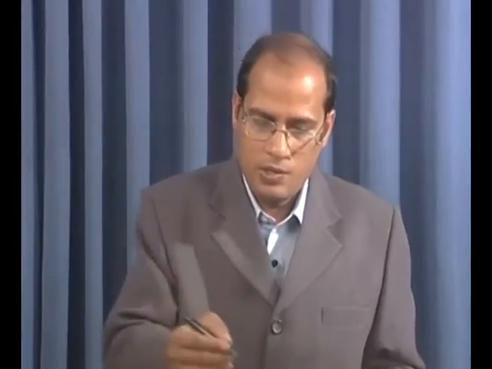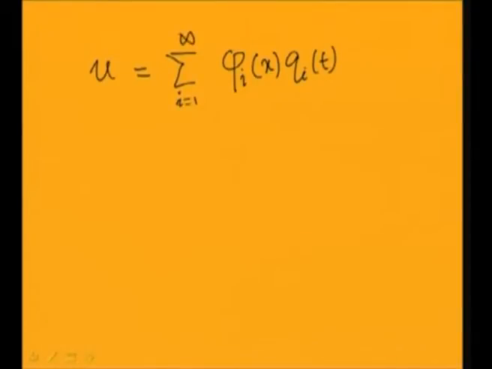So here also we can write the free vibration response of the system, that is u, as a summation of different modes, that is phi i of x into q i of t, where i equals 1 to infinity.